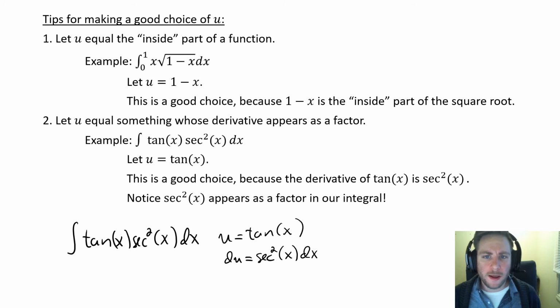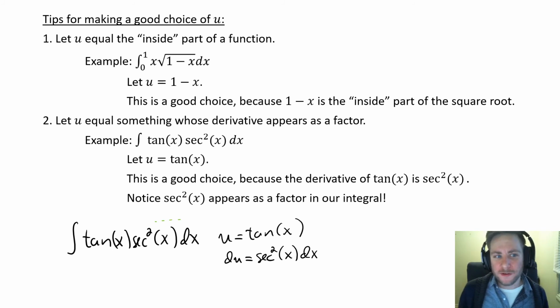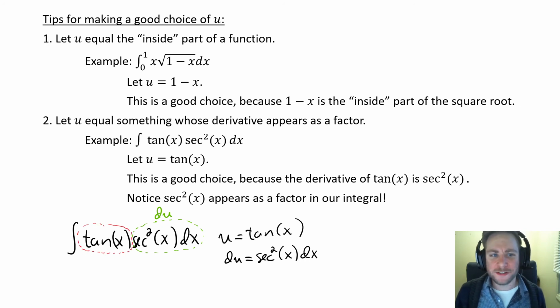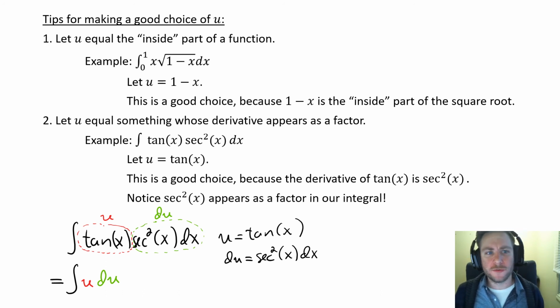And the really nice thing about that is that secant squared x dx is something we can literally see right here in our integral. We've just seen that that entire thing is literally equal to du. And tan x is just another name for what we called u. So putting this together, we can see that we end up with a pretty simple integral. So the tip I just gave us did actually leave us in a useful direction.